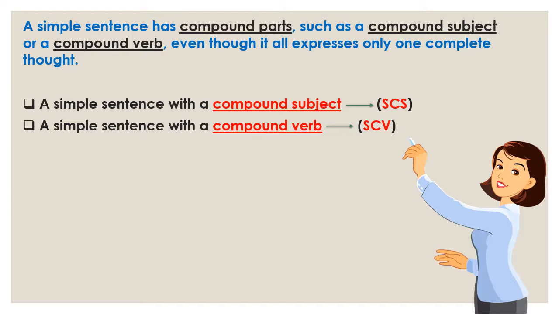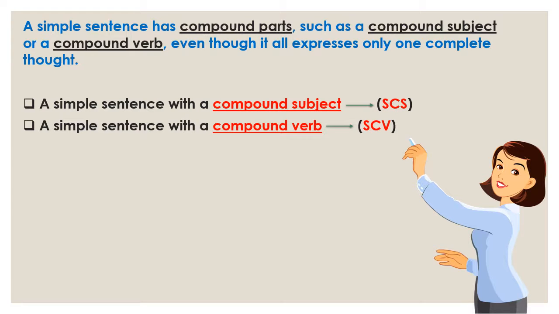So these are two verbs together. They make a compound verb, even though it all expresses only one complete thought. So even though you have a compound subject or a compound verb in a simple sentence, it all is going to express one complete thought.